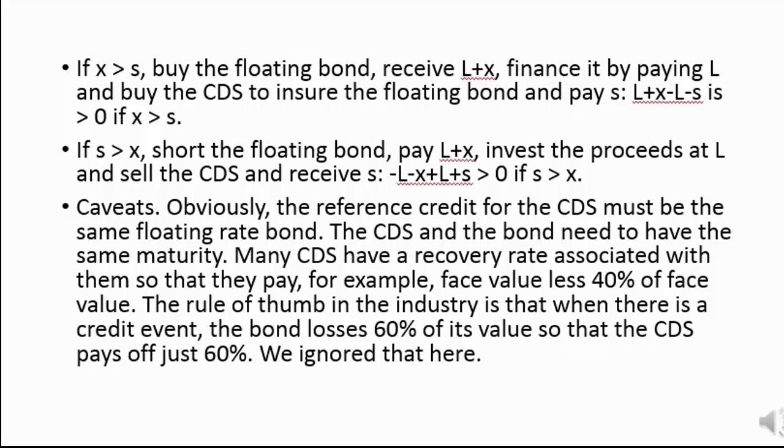Okay, so what we just did was put together a package of a bond and a financing and showed that it looks like a credit default swap. And we compared it to a credit default swap.